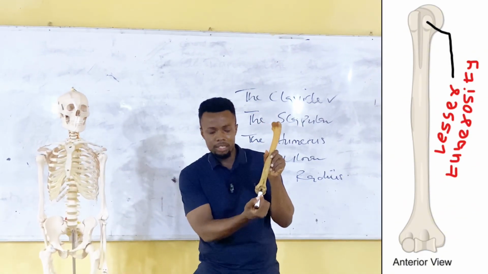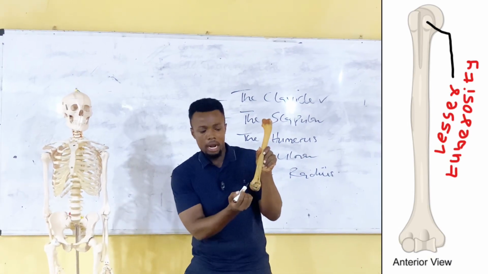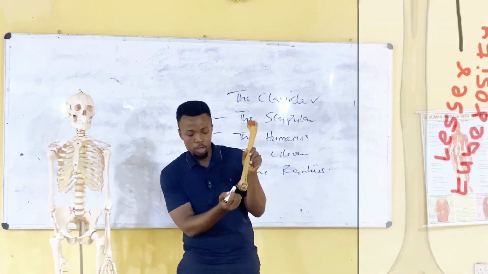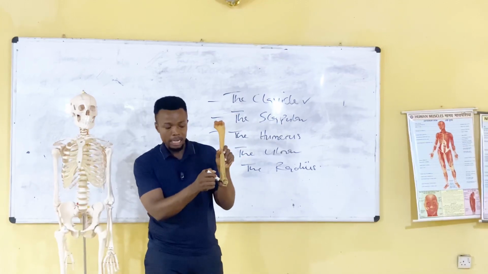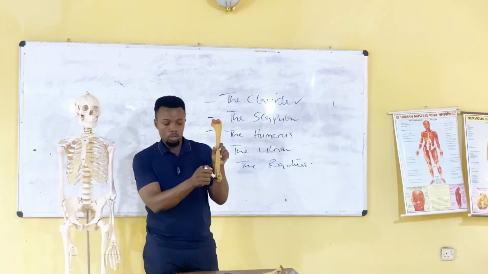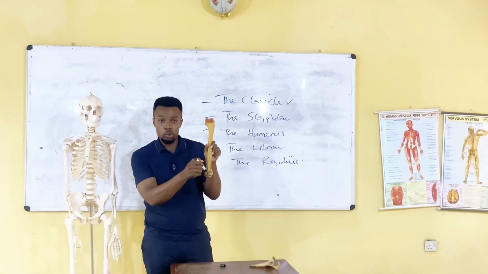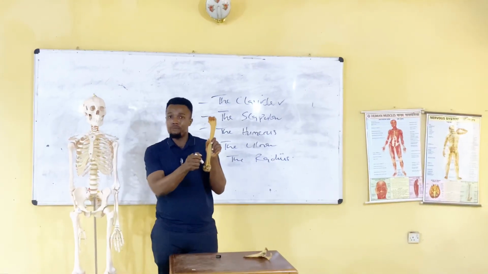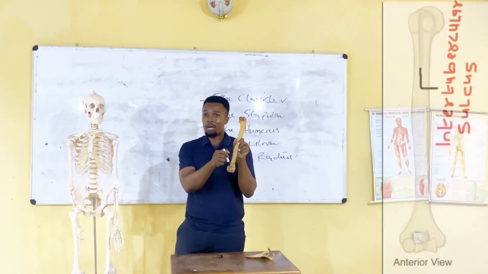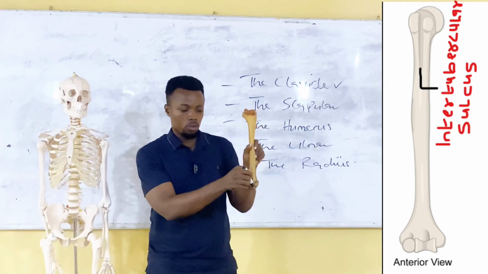In between them there is a groove that passes, and this is referred to as the intertubercular sulcus.